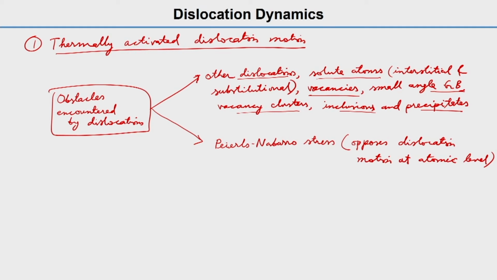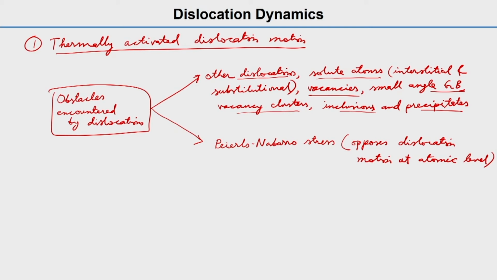So Peierls-Nabarro stress corresponds to only the barrier of one atomic displacement. Okay. So Peierls-Nabarro stress is called atomic level.